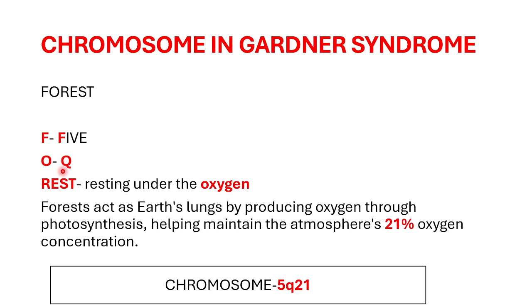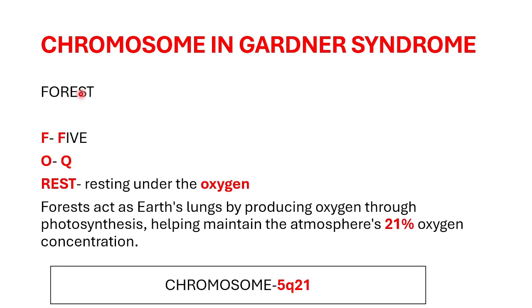So let's imagine resting in a forest, breathing in the fresh oxygen, and we know that oxygen makes up 21% of the air, which leads us to the number 21. So to sum up, the chromosome in Gardner syndrome is 5q21.